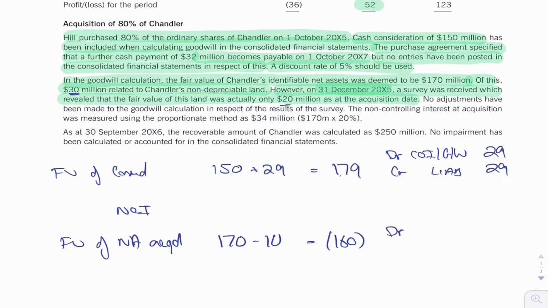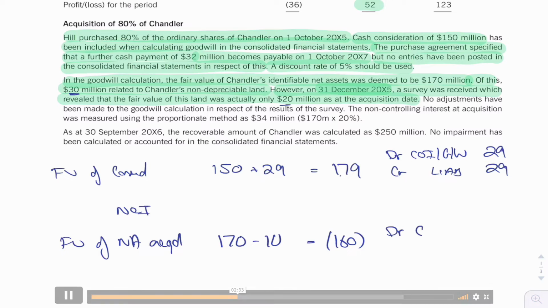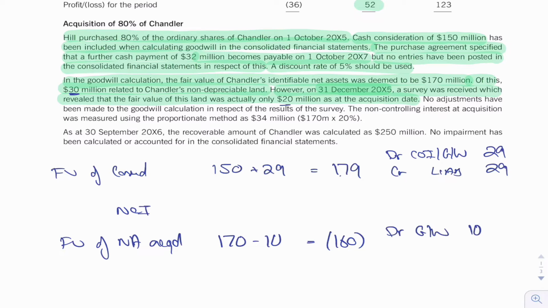So I'm going to debit my goodwill with 10 and credit PPE with 10. The reason I'm debiting goodwill with 10 is that the less net assets, the more the goodwill is. No adjustments have been made to the goodwill calculation yet. The NCI was measured using the proportionate method at 34, but they worked out the 34 by doing 170 by 20%.